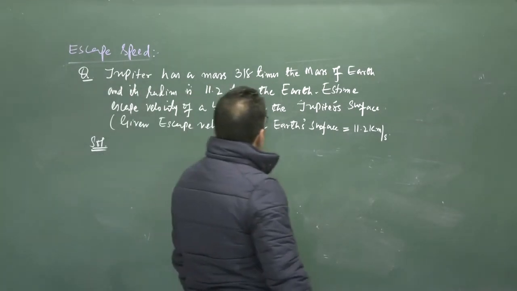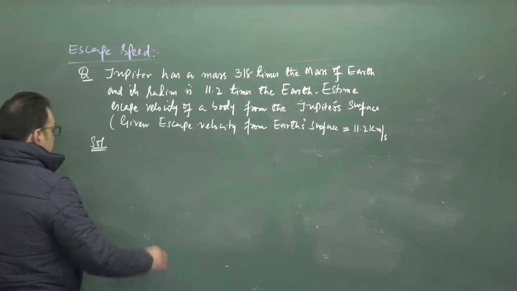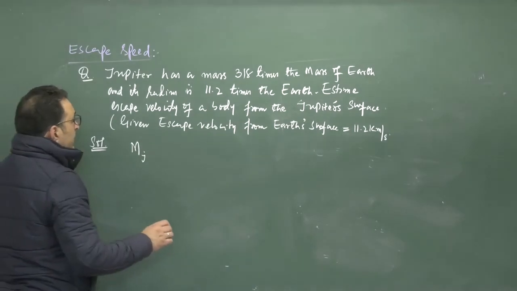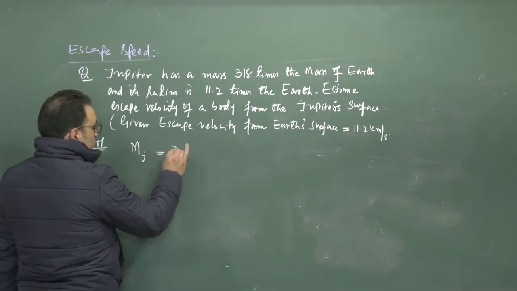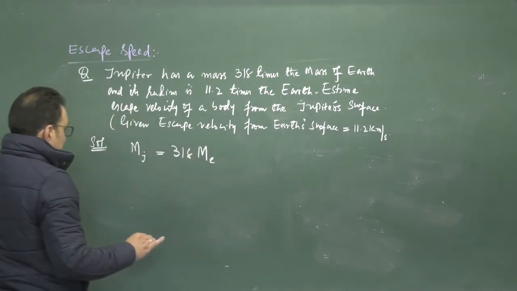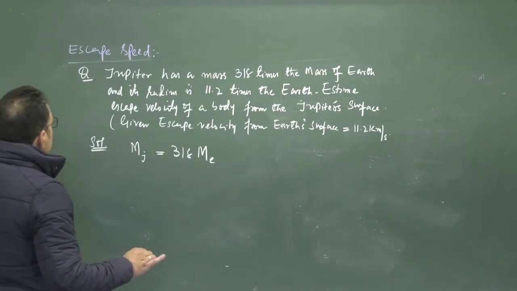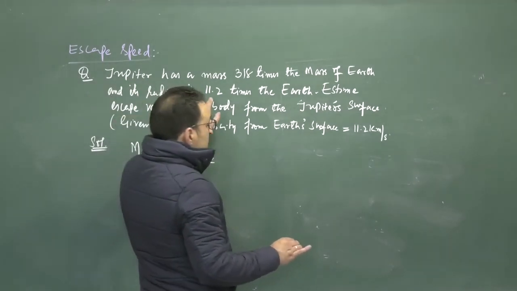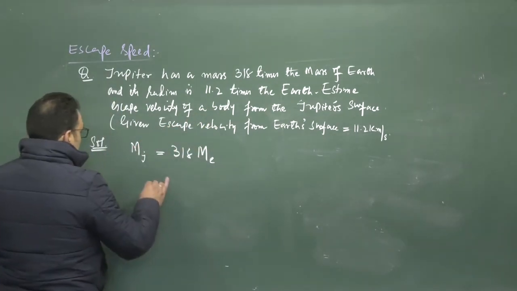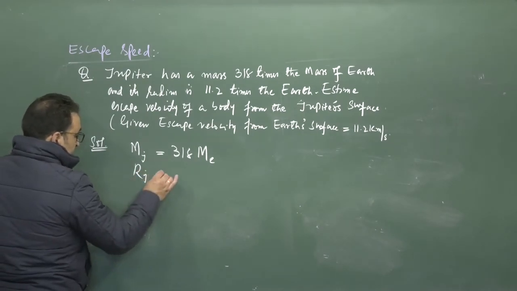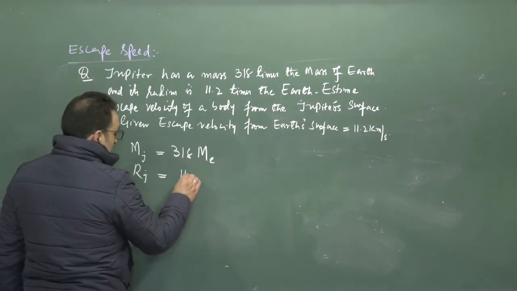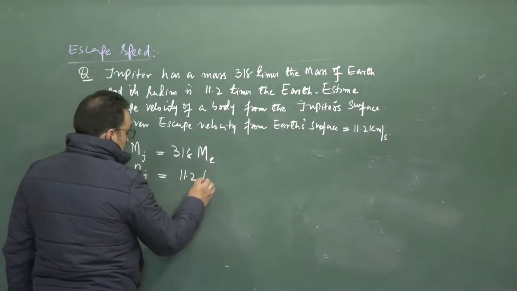Jupiter has a mass 318 times the mass of Earth. I will write Mj as mass of Jupiter, which is 318 times the mass of Earth. And another condition is, its radius is 11.2 times the Earth's radius. So I can write radius of Jupiter is equal to 11.2 times the radius of Earth.